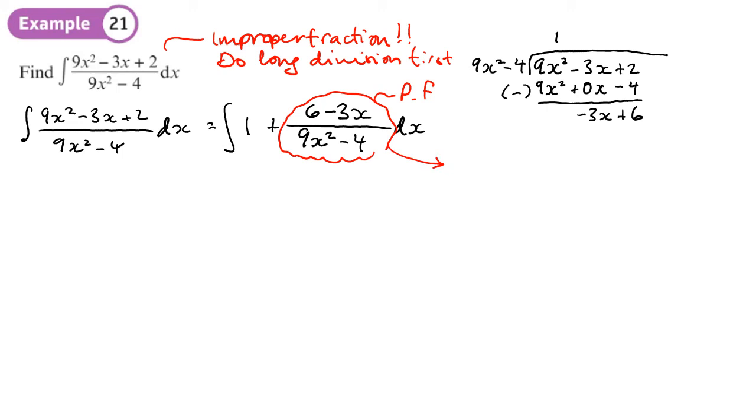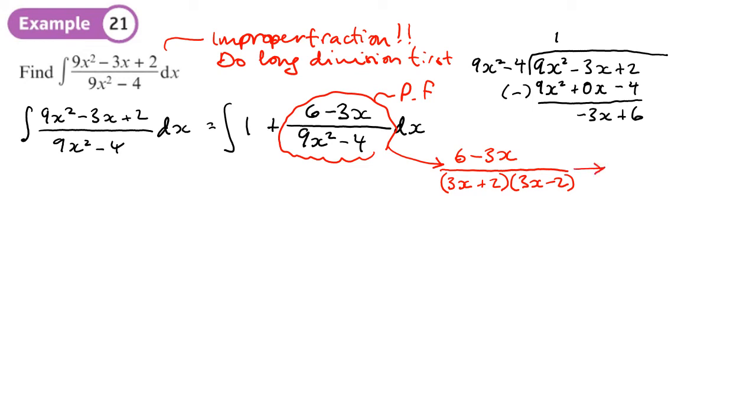Now the bottom part of that is the difference of 2 squares, so let's do it in red over here. So 9x squared minus 4 is 3x plus 2, 3x minus 2, the difference of 2 squares.